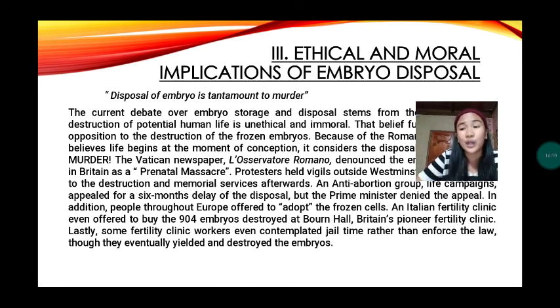Although a fertilized egg contains all the information necessary to develop into a person, until 11 to 14 days after conception, the cell is undifferentiated. Disposal advocates argue that the undifferentiation of the frozen cell lends support to the idea that the embryo is not yet a person.